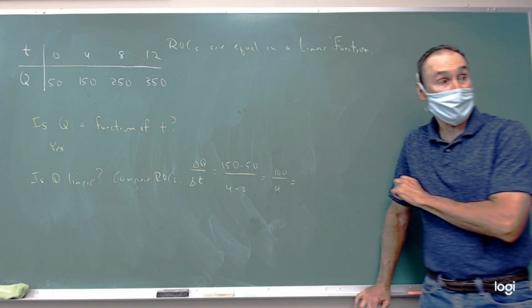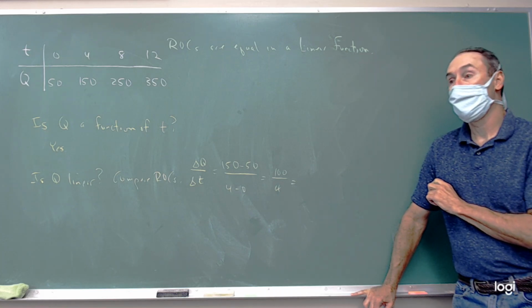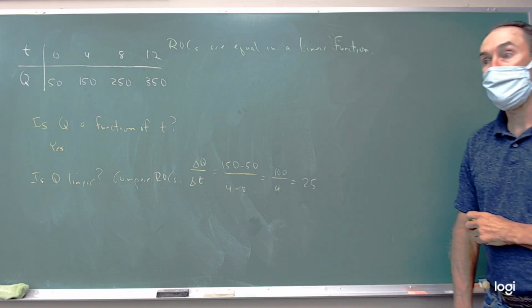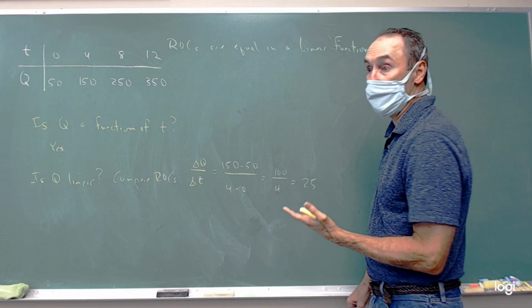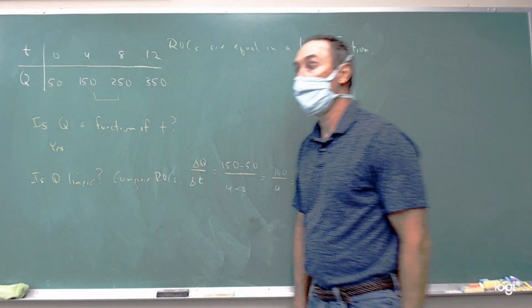And simplify. We're taking notes, right? Okay. And 100 divided by 4 is 25. So we've got a rate of change between those 2 points is going to be 25. So if we look at another one, so maybe let's pair these two up.